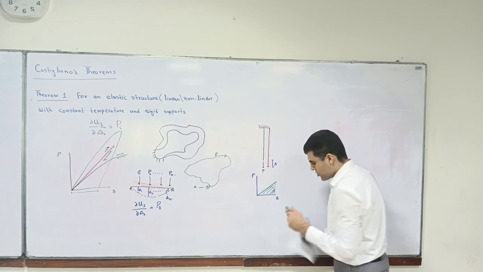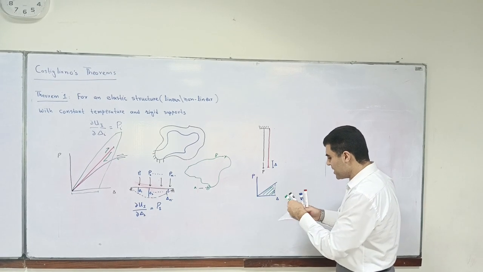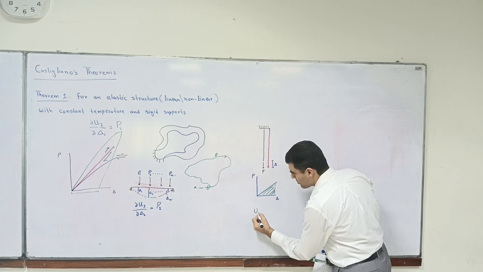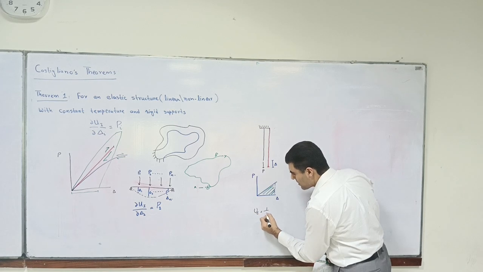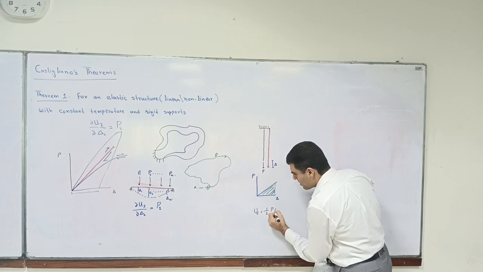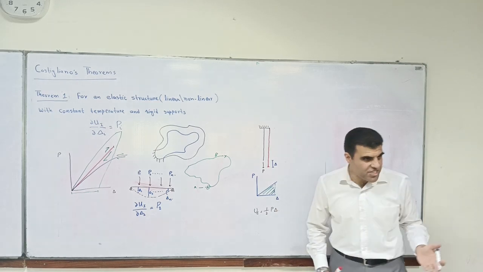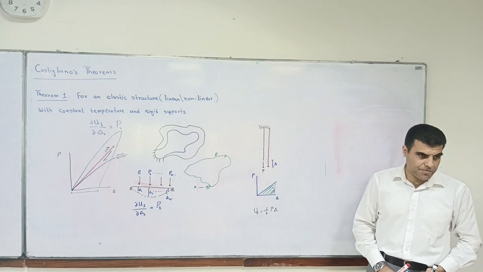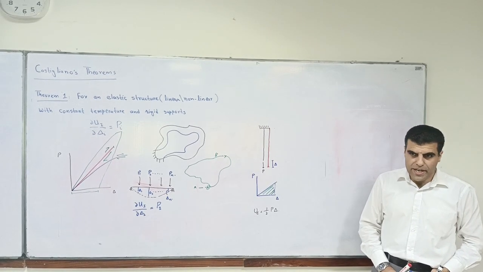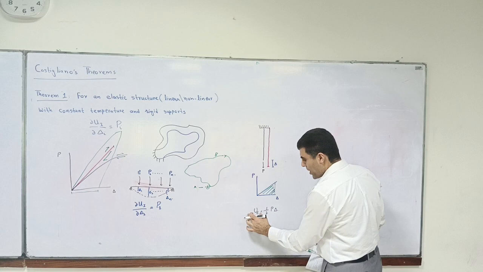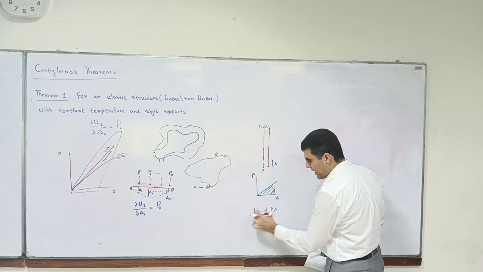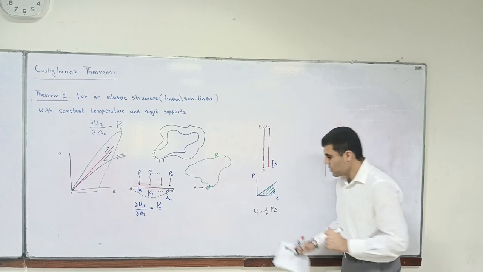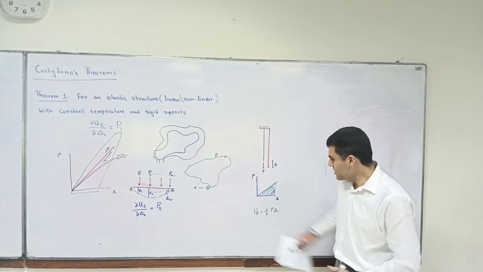What do you think it should be equal to? Half times P delta. That is the area under this curve. That is your internal energy.